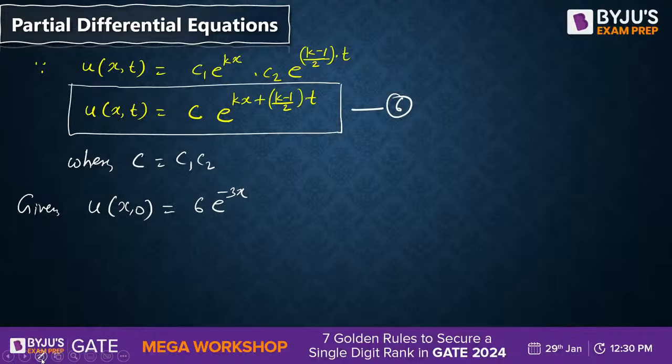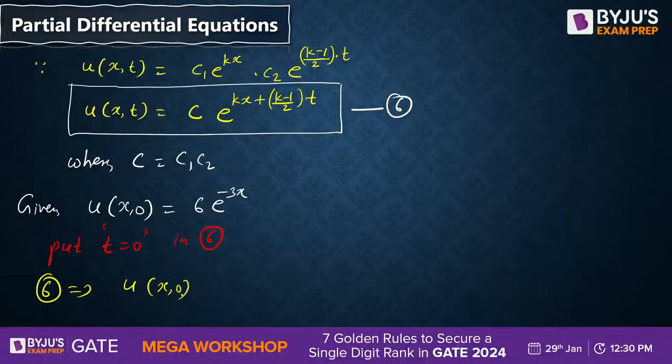Now what you have to do? You have to put t equal to 0 in equation 6. So equation 6 will be u of x comma 0 equals c e raised to kx, c as it is, e raised to kx, and t is 0.